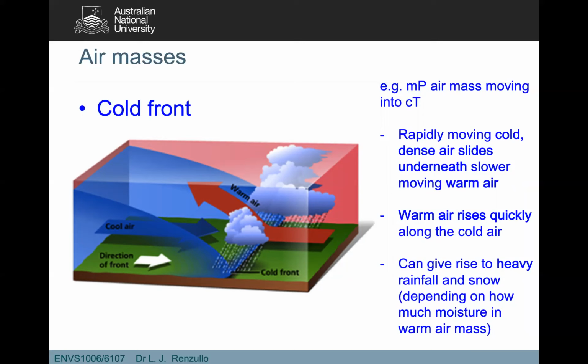You have the lifting of that warm air by what's called a cold front. Rapidly moving cold, dense air slides underneath the slower moving warm air. The warm air rises and can lead to heavy rainfall or snow, depending on how much moisture is in the atmosphere, but also how quickly that warm air is lifted.